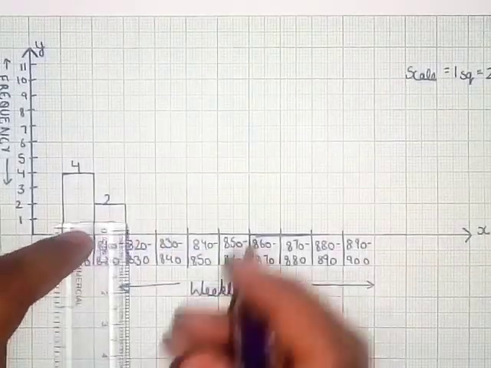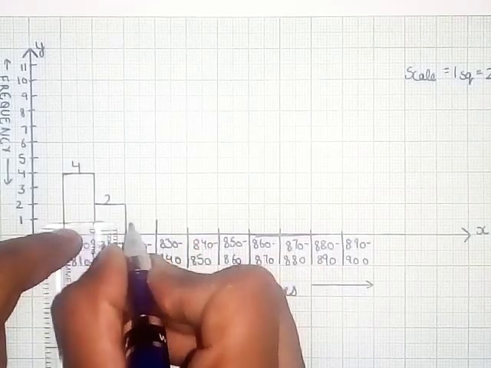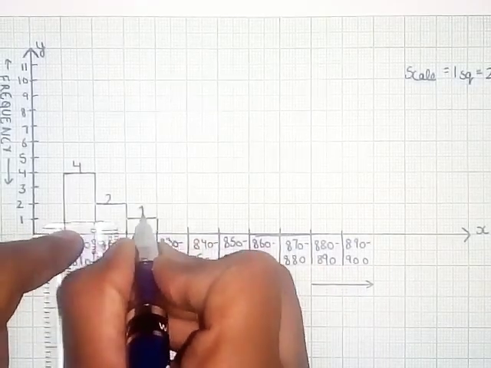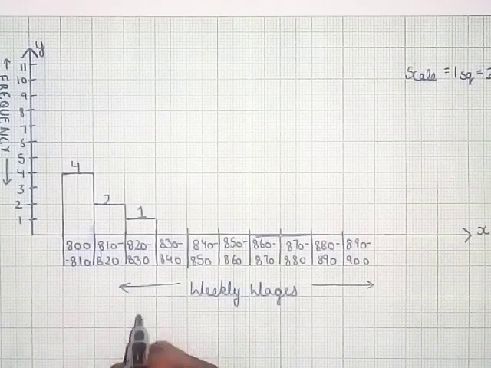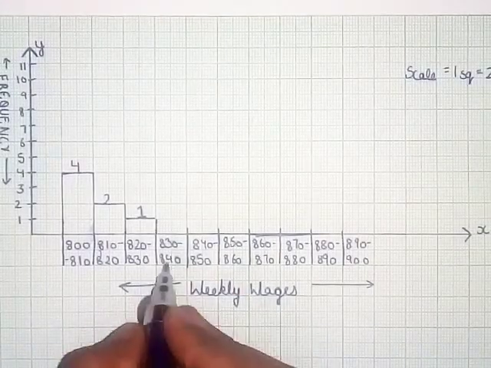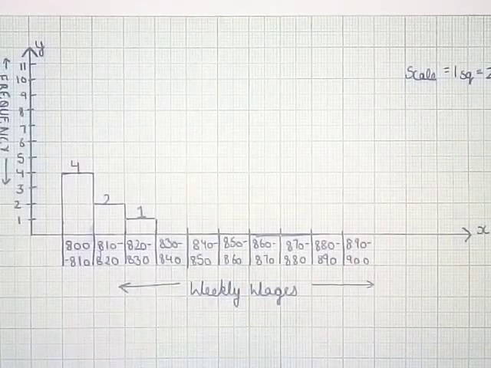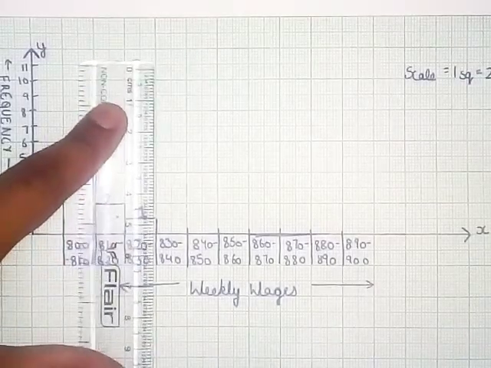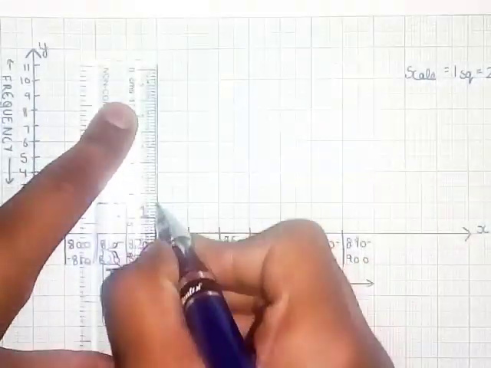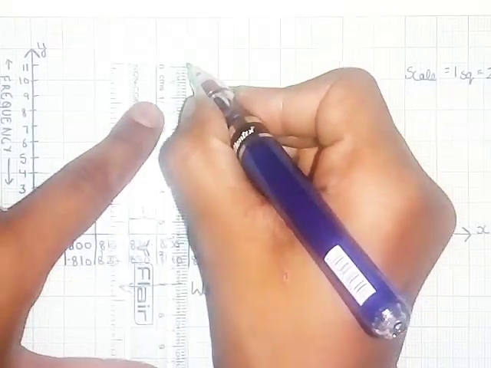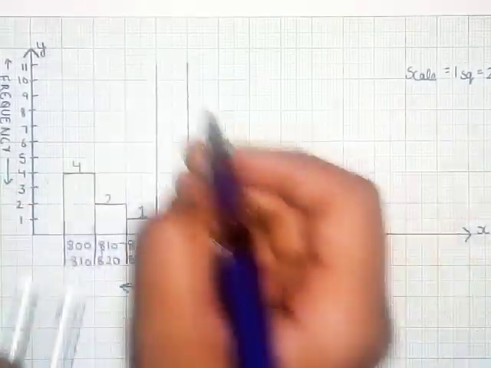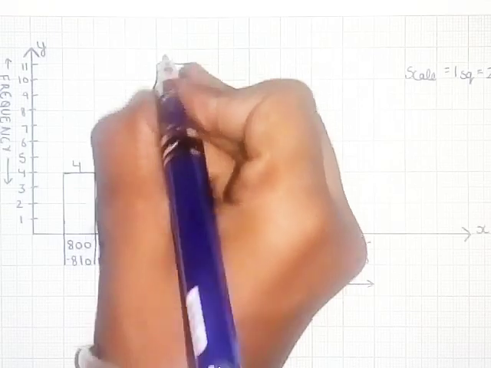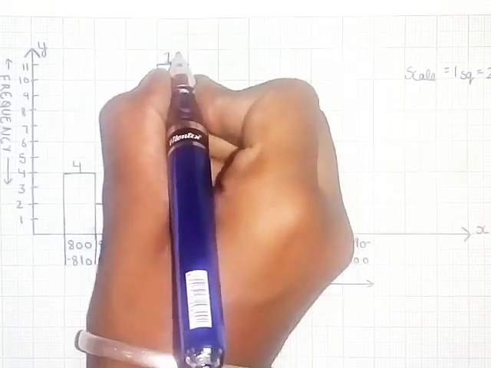Now the next one is 1 only. Now 830 to 840, it is 11. Yes, 11. We will write here 11.